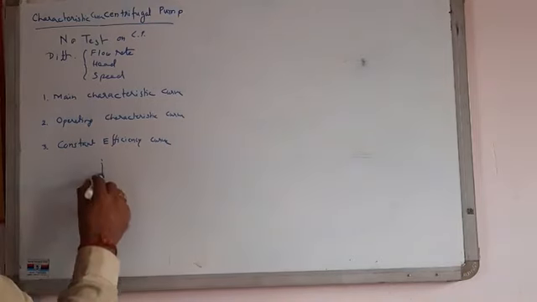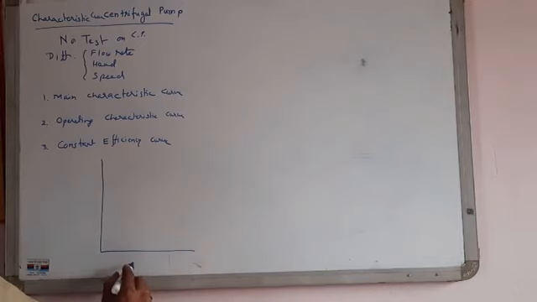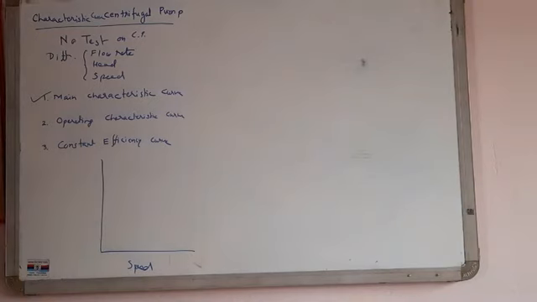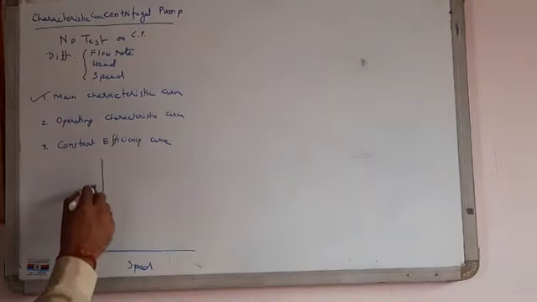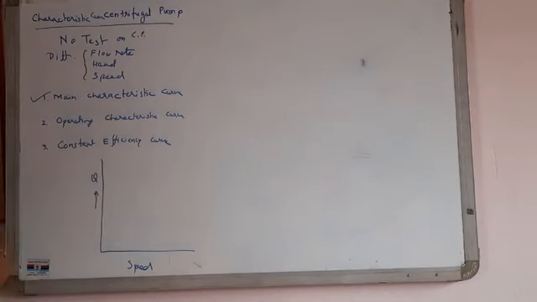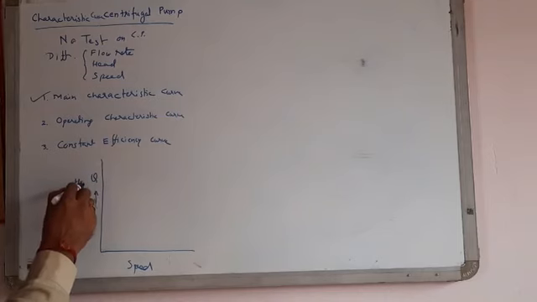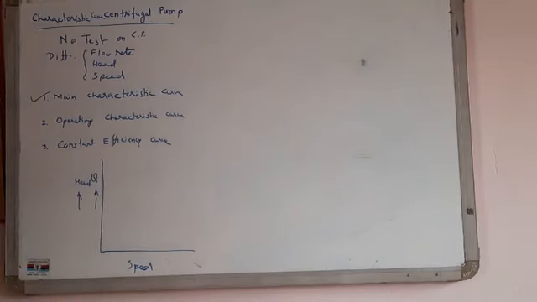So here in x-axis we will take speed. This is the first one, main characteristic curve. And in y-axis we can take either discharge or head. Sometimes we will take head and power. Power can be taken as y-axis.